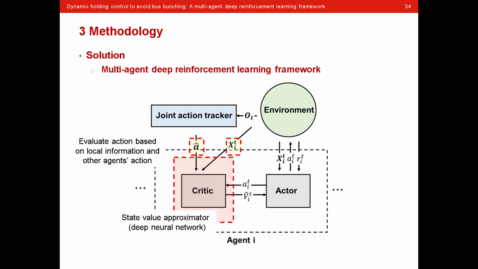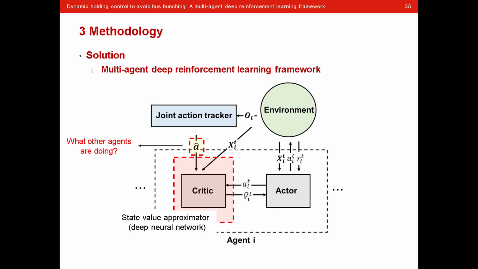And the input of the critic includes the estimated actions and the local observation, and this is where what other agents are doing is introduced.